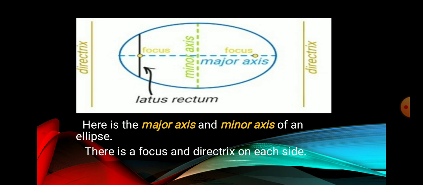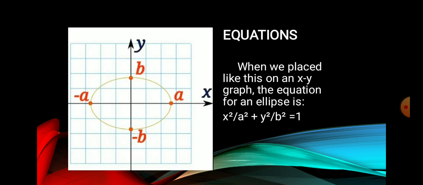This is the illustration of the major axis and minor axis. Here is the major axis and minor axis of an ellipse. There is a focus and directrix on each side. Equation: when we place it like this on an x-y graph, the equation for an ellipse is x squared over a squared plus y squared over b squared equals 1.